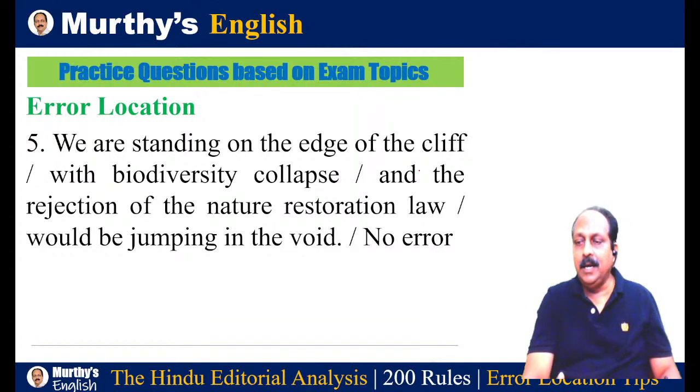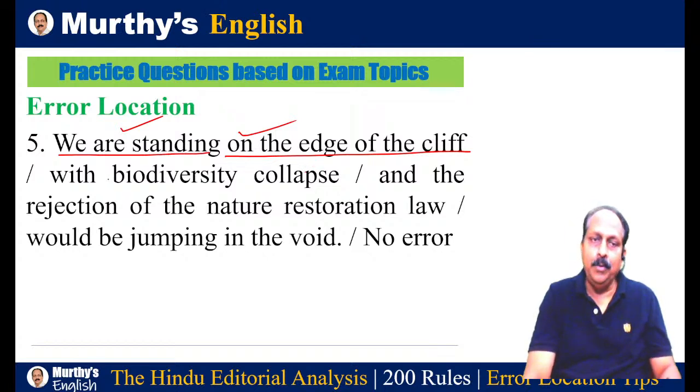When you cannot decide, look at the subject, then the verb, then phrases, clauses, and check every phrase, clause, subject, verb, object, and then you decide where the error is. We are standing, present continuous tense, no problem. Where? On the edge of the cliff. There are 2 phrases. On the edge of the cliff, no problem.